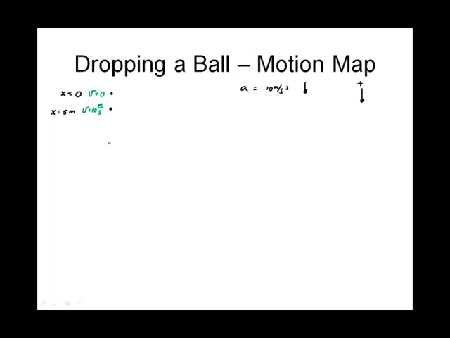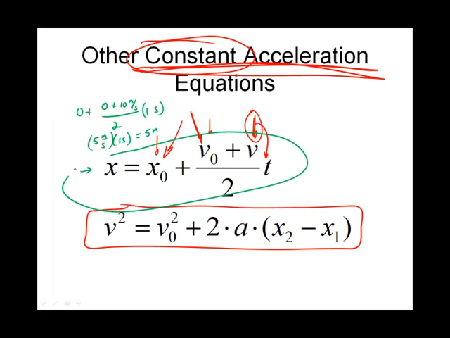A little bit later on, I'll have fallen to here. 1 second has gone by. My acceleration says I go at a rate of 10 meters per second, so 1 second's gone by, I must be moving 10 meters per second faster. So my velocity must be 20 meters per second. I could use this equation again.